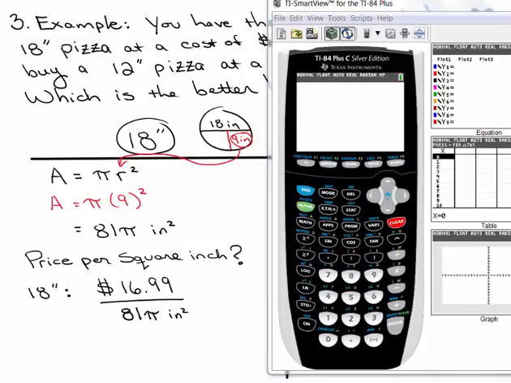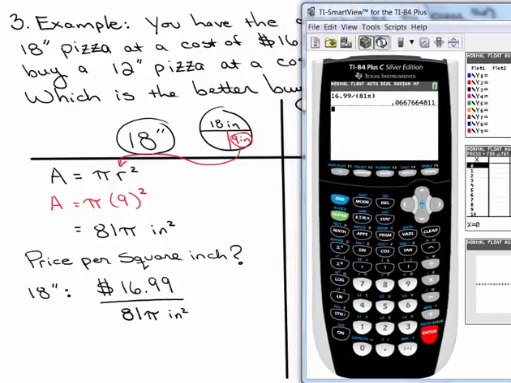So we are going to take the price, 16.99, divided by, I'm going to use some parentheses here to make sure I get this right, 81 pi. Let's see what we get. So that's what I got right there. Let's scoot that over just a tiny bit.